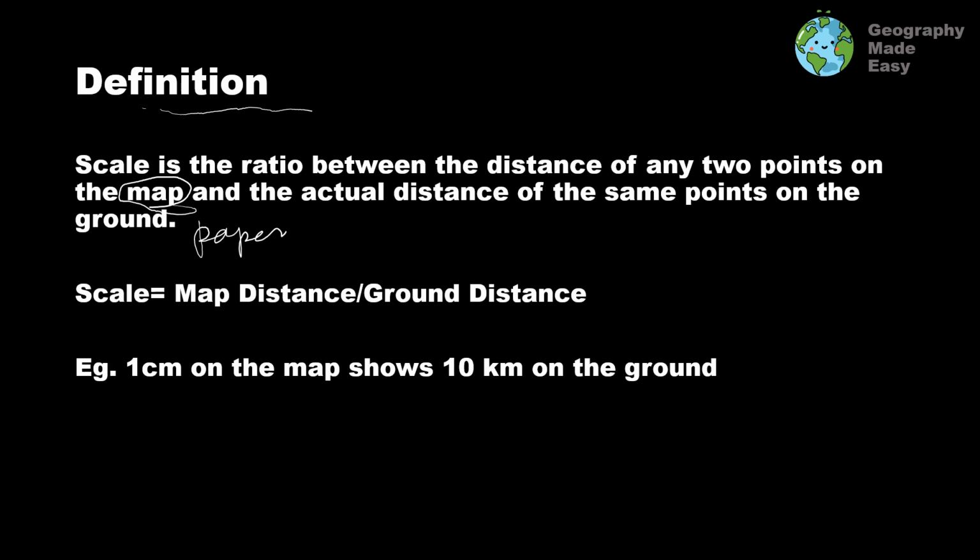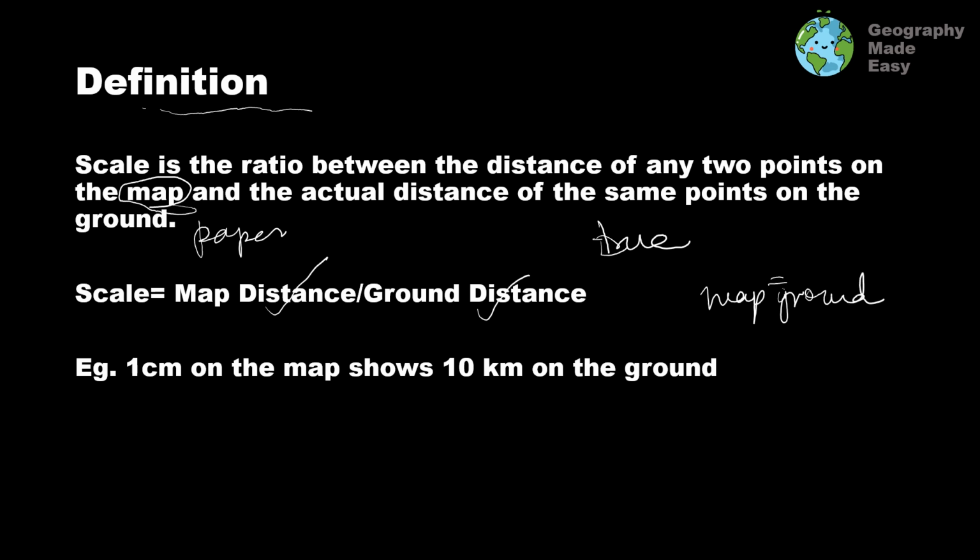The scale which we use to draw anything on paper, that is what we call the true scale. So, what is a true scale? A true scale is where the map distance is equal to the ground distance.